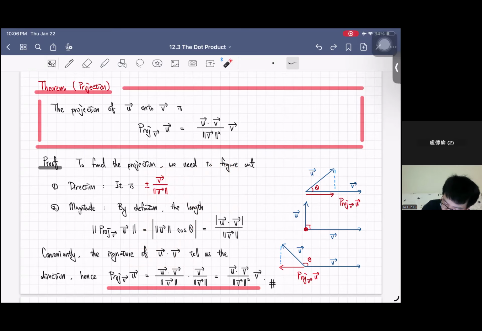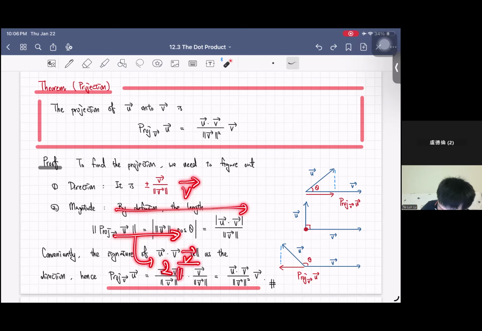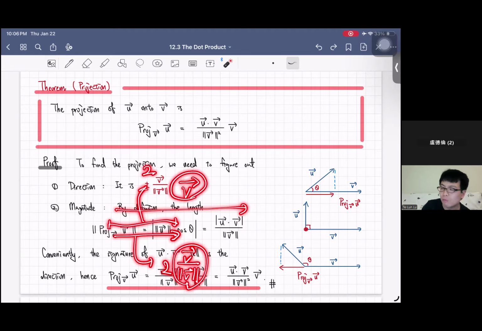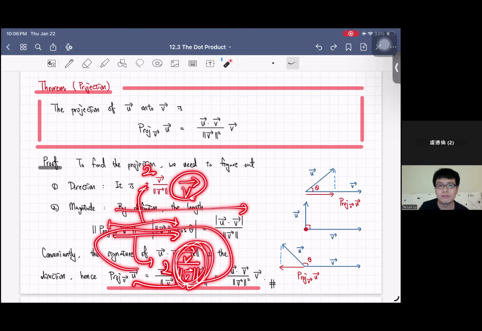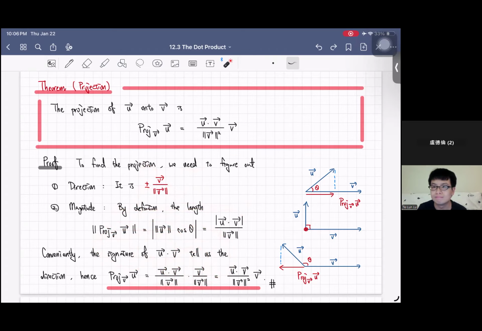Sorry, my bad. If this is v, then what I just wrote will be some vector in the direction of v, but the length is 2. v does not necessarily have length 1 or 2 or 3, but this guy always has length 1. So the new vector that I get here is a vector of magnitude 2.